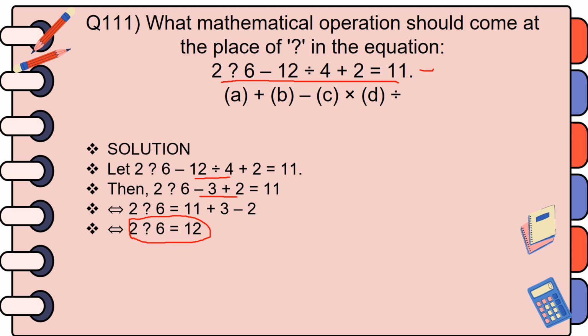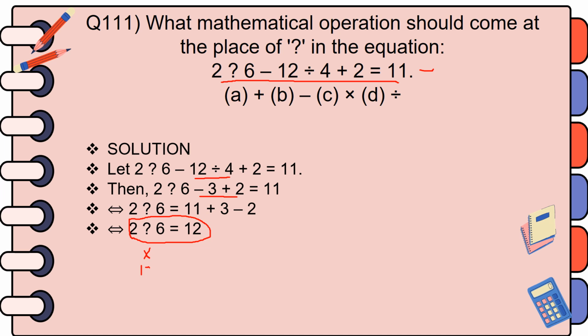Again, try it with division. 2 divided by 6 is equal to 12. Then 2 divided by 6 means 1 over 3, and 1 over 3 is not equal to 12, and division is not the operation in the equation. Again, let us try it with multiplication. So 2 times 6 is 12.